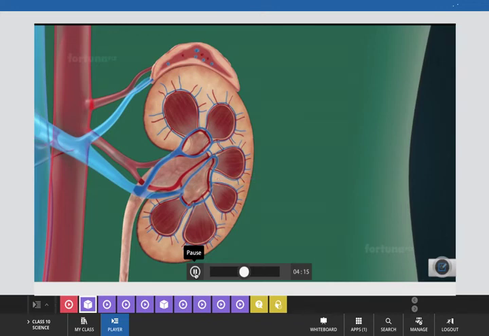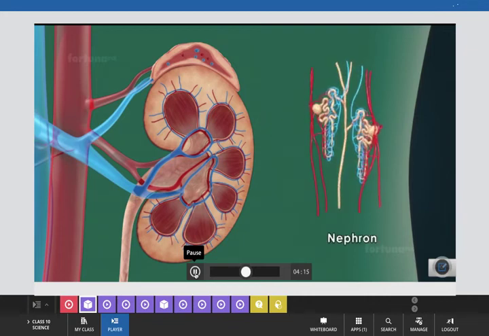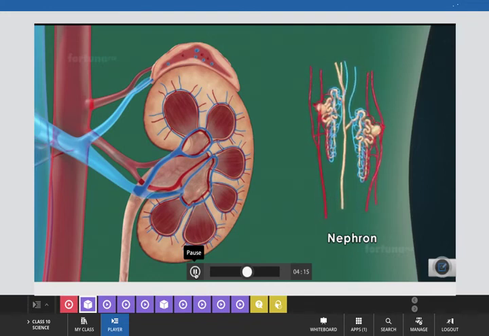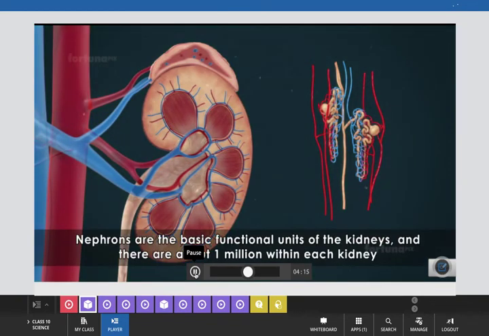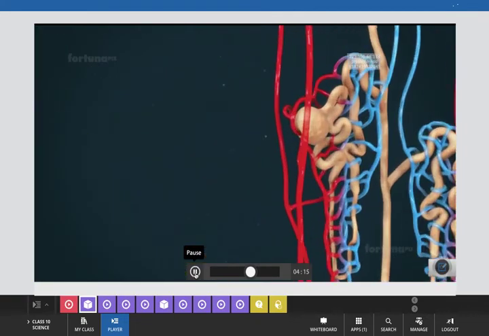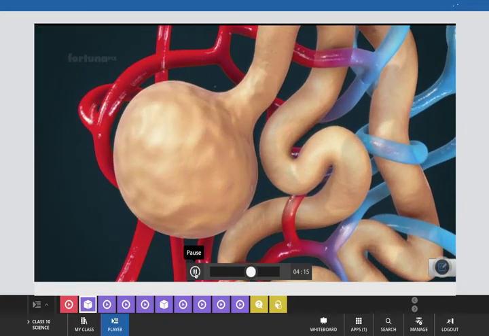the renal pyramids. The renal cortex contains both blood vessels and nephrons, small units that function to filter the blood and remove waste products inside the body. Nephrons are the basic functional units of the kidneys, and there are about 1 million within each kidney.